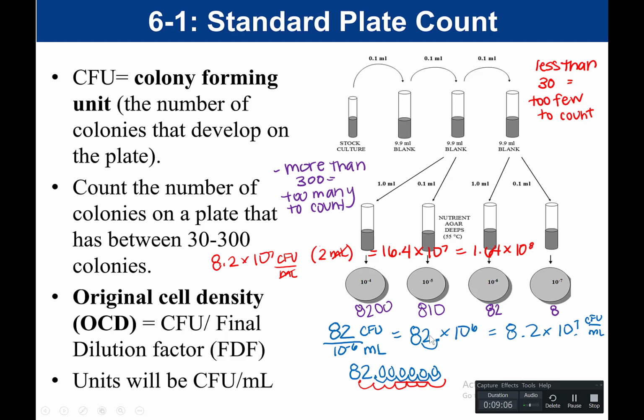Then you have to put it in proper scientific notation. So you would move your decimal point one place, and change your exponent one place. You would end up with 8.2 times 10 to the 7th CFUs per milliliter. You want to understand that your units would be in CFUs per milliliter.